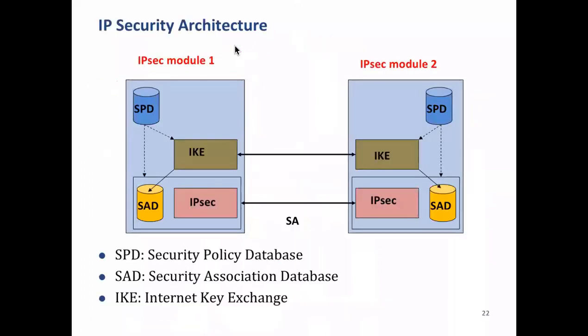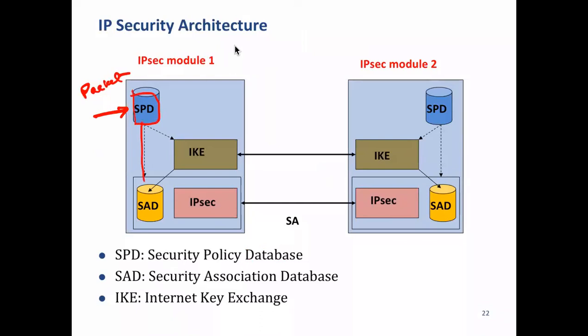Now this diagram shows something that we have already discussed. Okay, we have the security policy database. So when a packet comes, the module has to look at the security policy, what kind of policies are applied, what kind of encryption is to be used, or whether encryption is to be used or not.